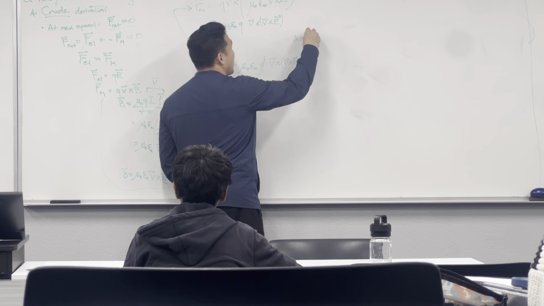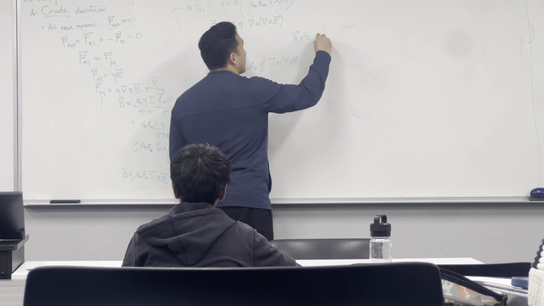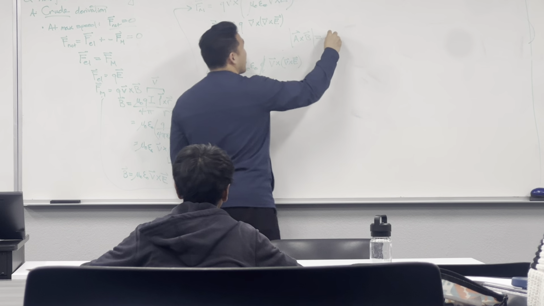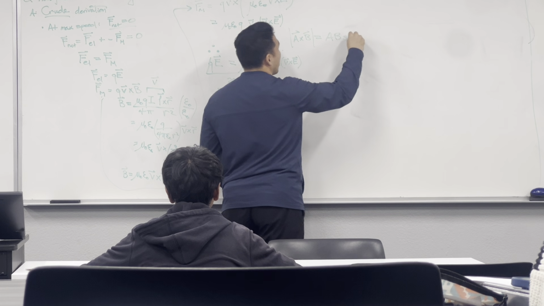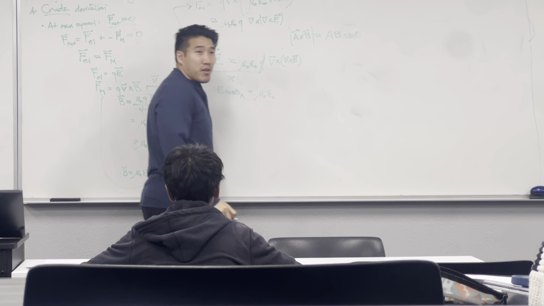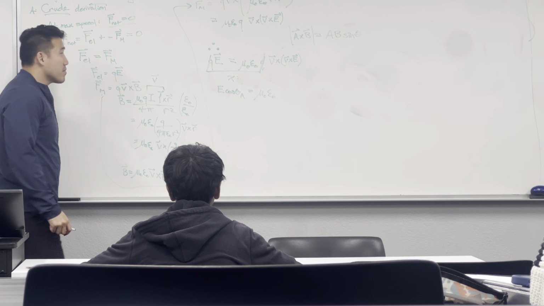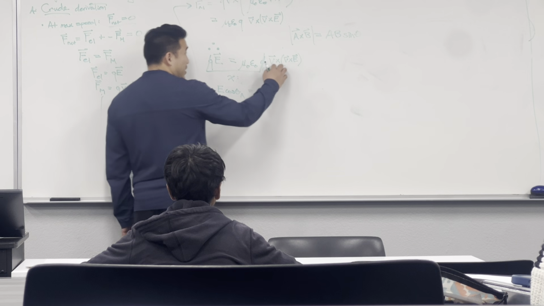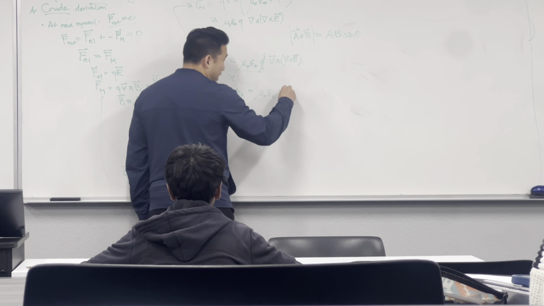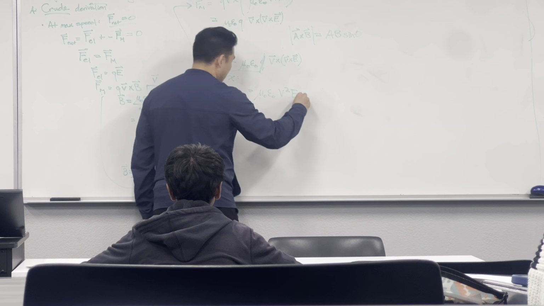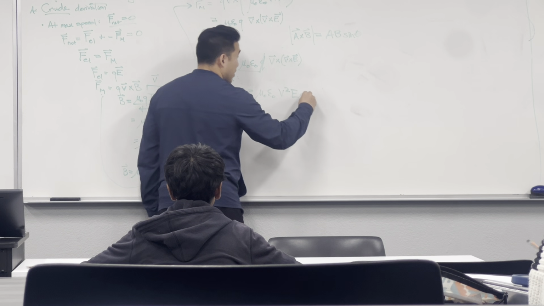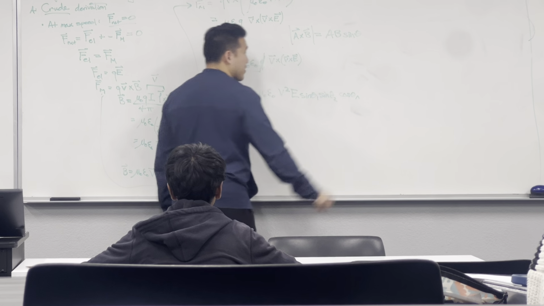A cross B is equal to AB sine of the angle theta. So this is going to be equal to V squared E sine of theta 1 times sine of theta 2. But we only want the x coordinate, so this is going to be times cosine of theta A.